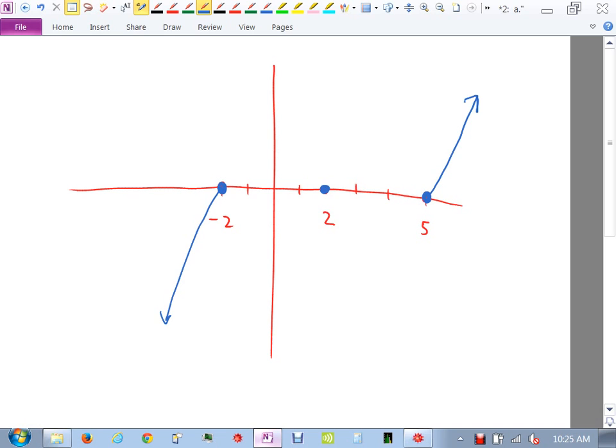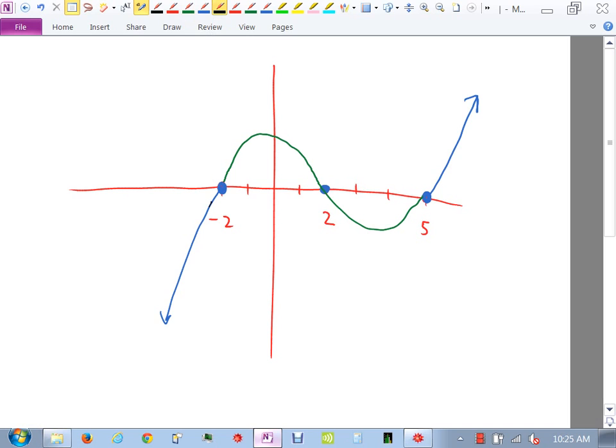Now we run into a bit of a problem because it could do several things right now. It could do this, couldn't it? Don't write this, okay? But it could do this, and this seems like the most reasonable. It might be that easy. But it might also do something like this.